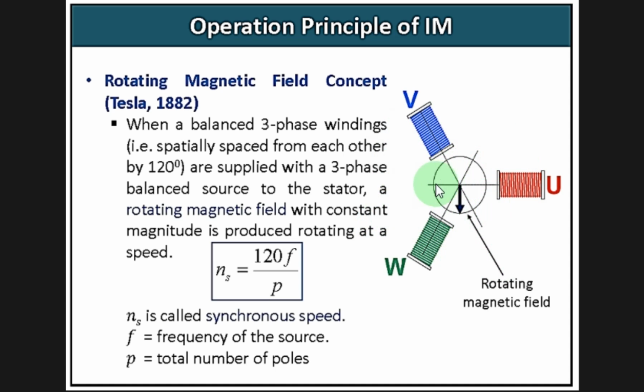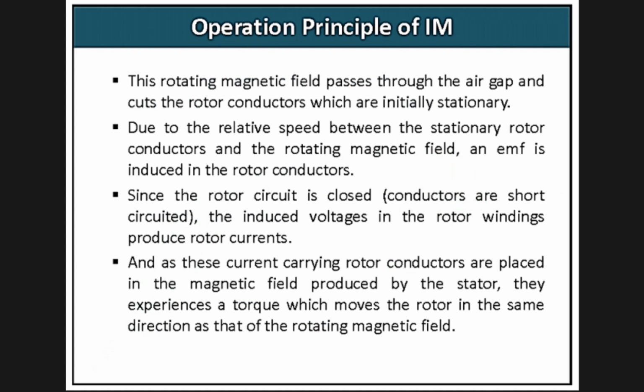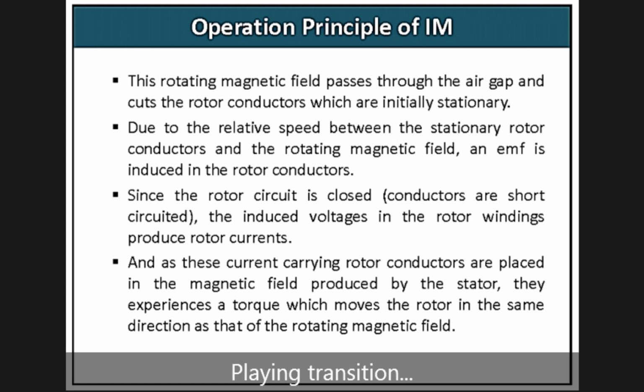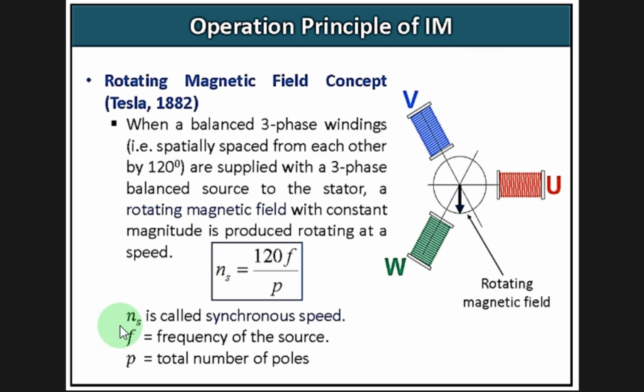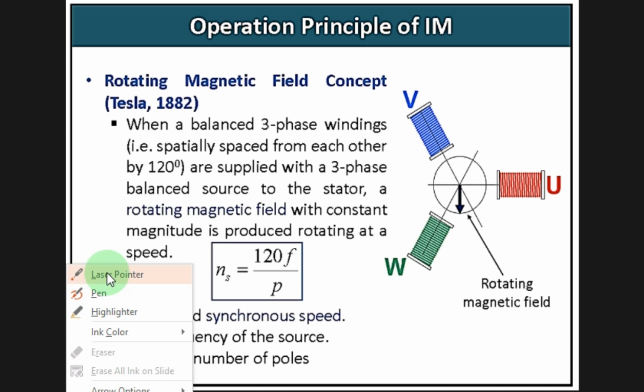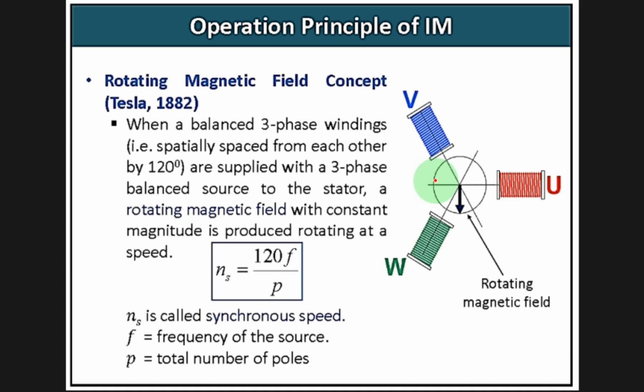Let me draw it and show you. Say at this particular instant, the magnetic field is in this direction. So it is like having a permanent magnet, with a north pole on this side and a south pole on this side.